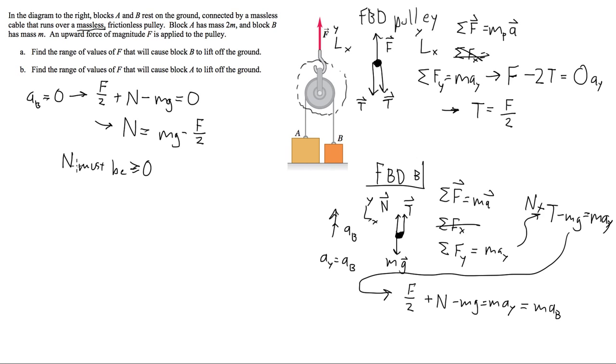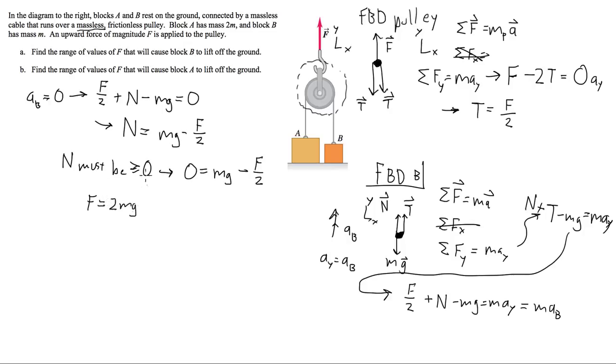Holy crap, this is the most scattered problem solution I've ever done. Okay, so what happens when it's equal to 0? 0 equals mg minus F over 2. So when the normal is equal to 0, that means the force you're exerting upwards is 2mg.